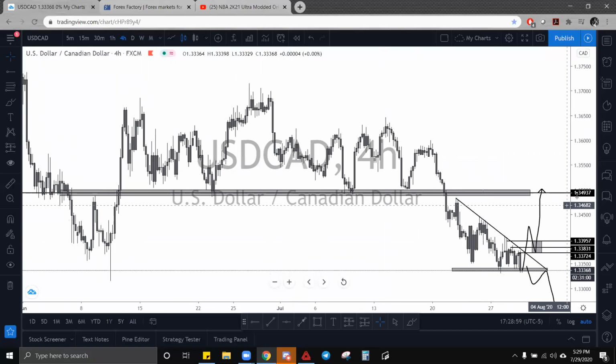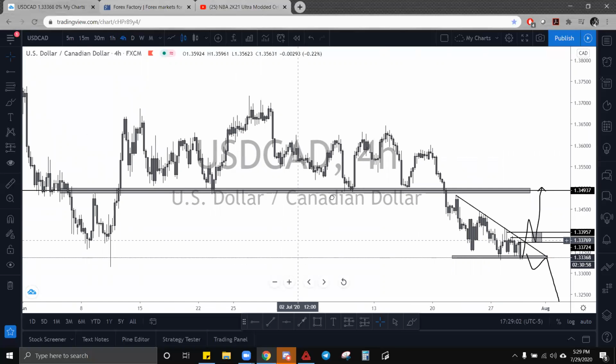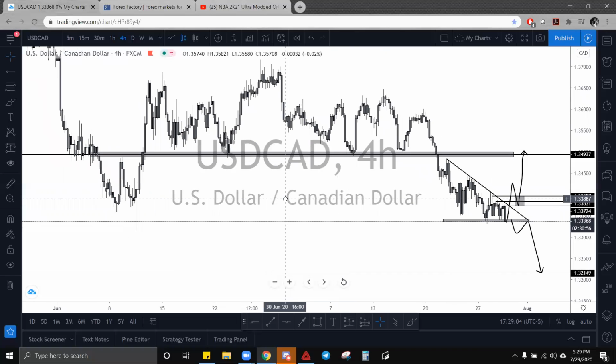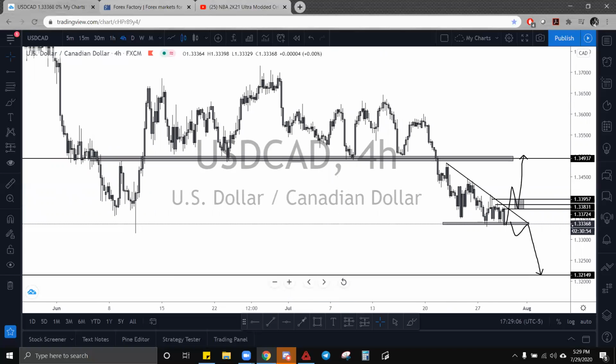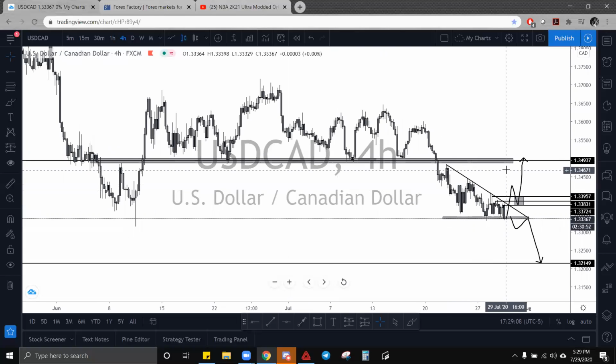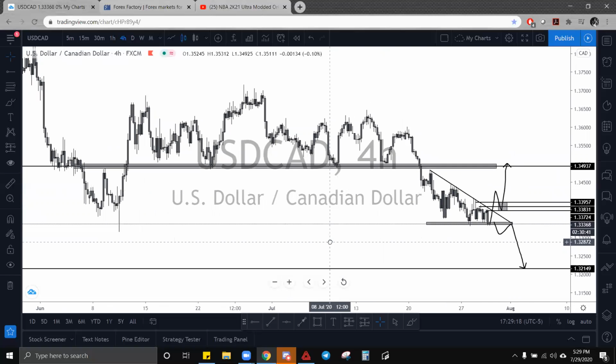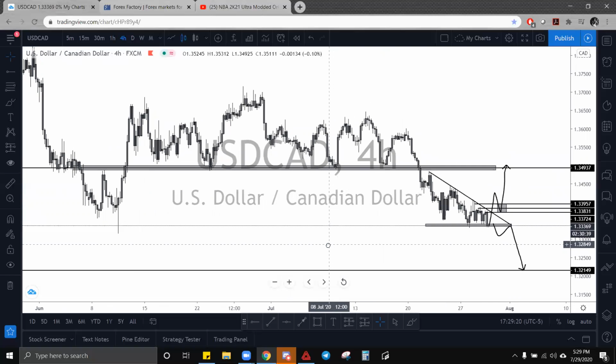We identified what the market could potentially do. We figured out the two areas it can go to. If this thing breaks out to the upside, I know it's going to retest here and come here. Guaranteed. But if it breaks here and retests, it's going to come here. See what I'm saying?